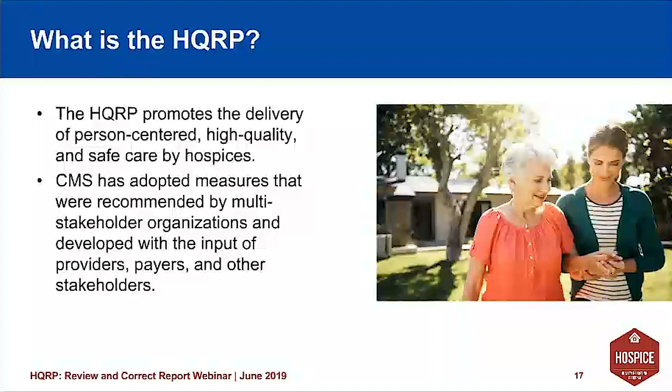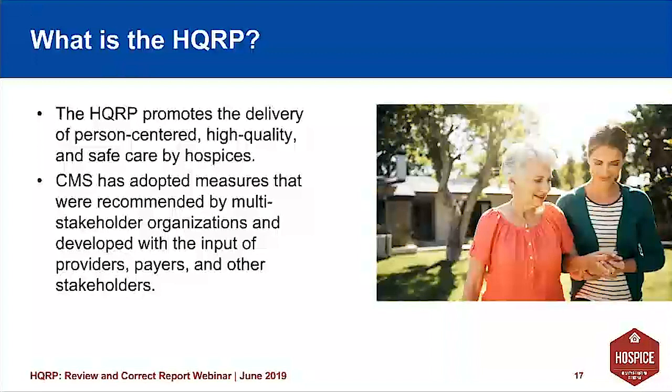The Hospice Quality Reporting Program, or HQRP, promotes the delivery of person-centered, high-quality, and safe care by hospices. The Centers for Medicare and Medicaid Services has sought to adopt measures recommended by multi-stakeholder organizations and developed with the input of providers, purchasers, payers, and other stakeholders.